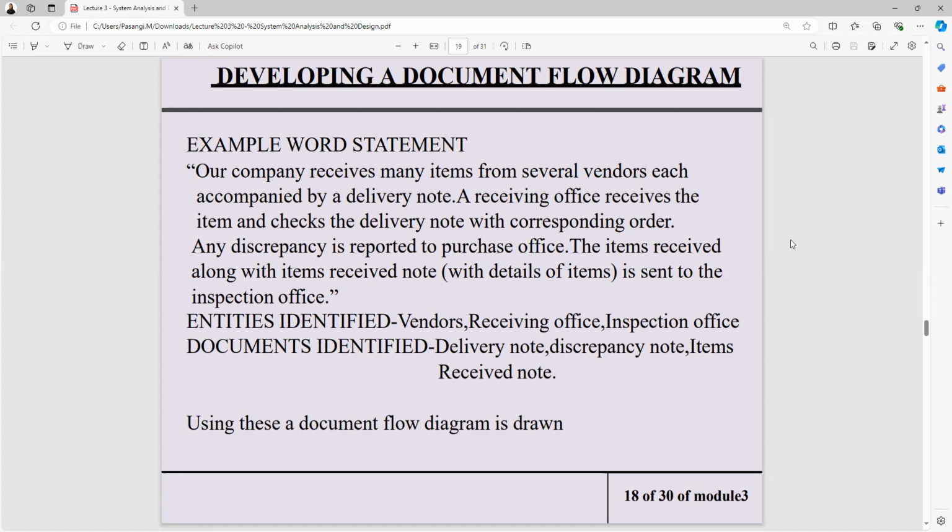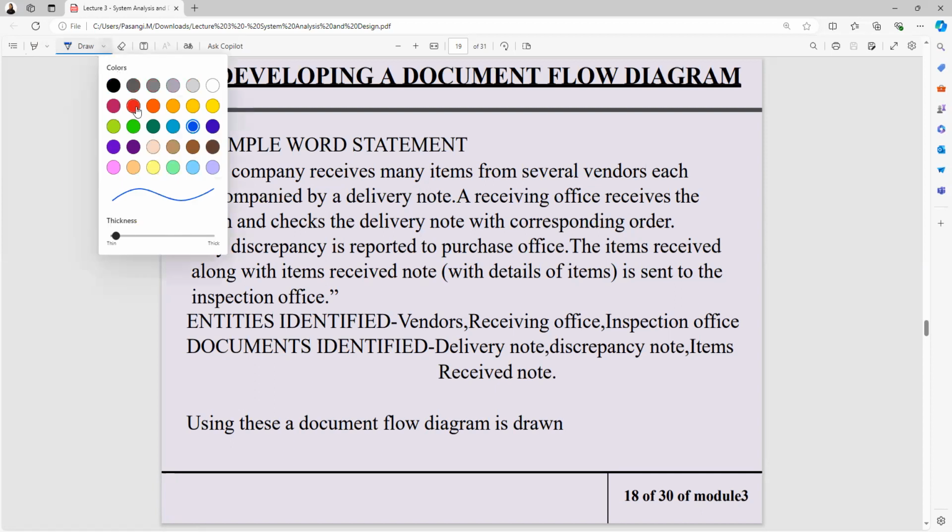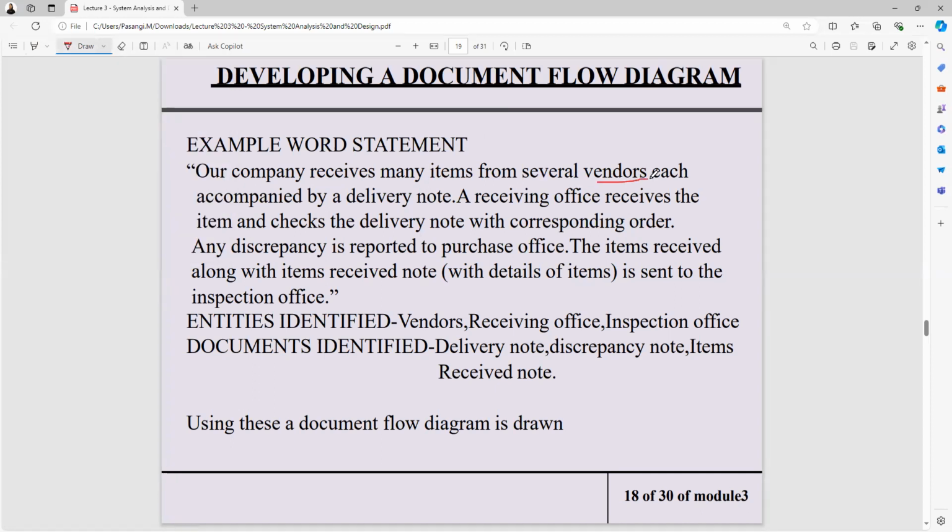Now, what are the entities which we identified and what are the documents which we identified? If you read through it, our company receives many items from several vendors. So vendors will become an entity.